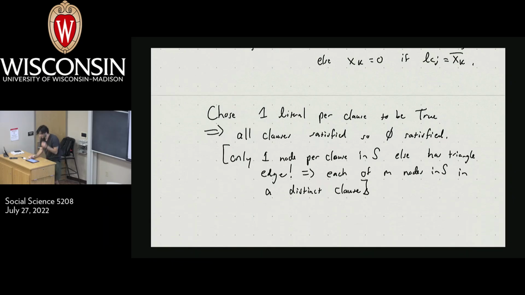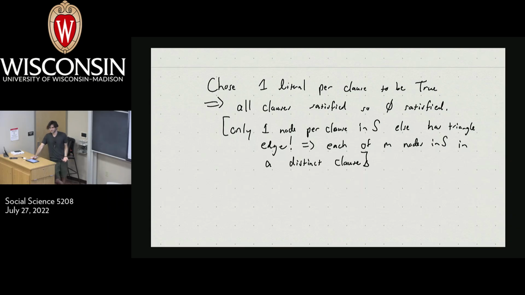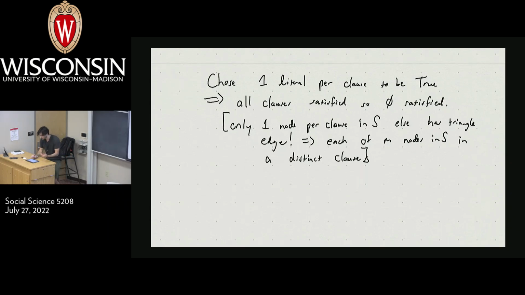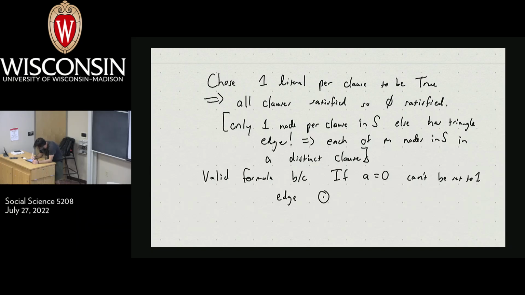Okay, so we know that the formula is satisfied. So the last thing is just to check that it's a valid formula. And it's a valid formula because if A is set to 0, it can't also be set to 1 because of the edge between A and A bar.